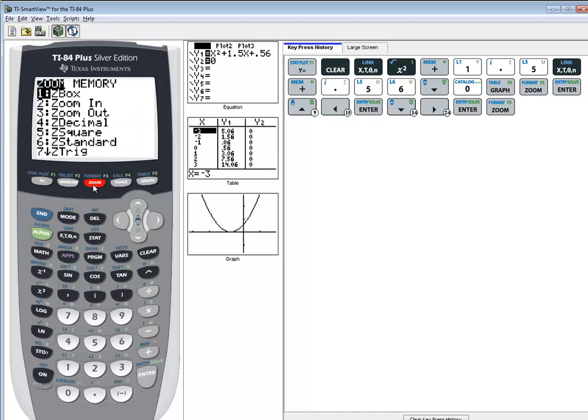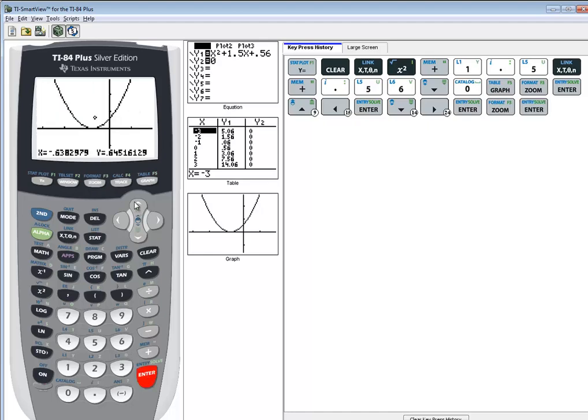So I could do a zoom again and choose zoom box. And I'm going to move my mouse over maybe about right there. Press enter one time. Down arrow. Now I'm going to hold down that button. I'm getting tired of clicking that.